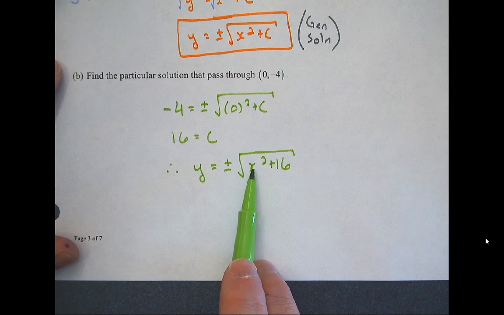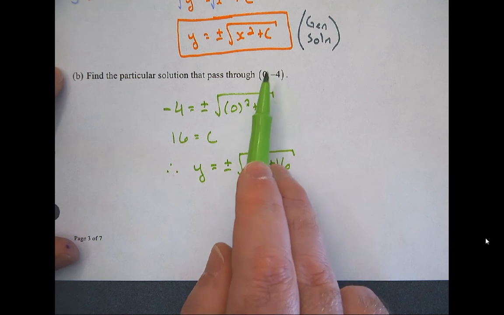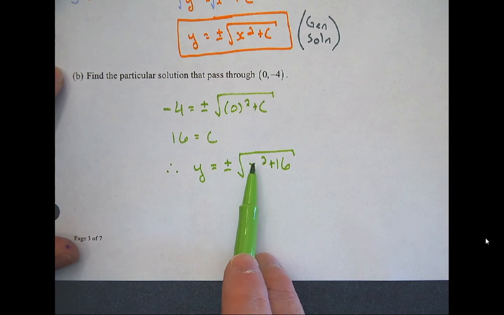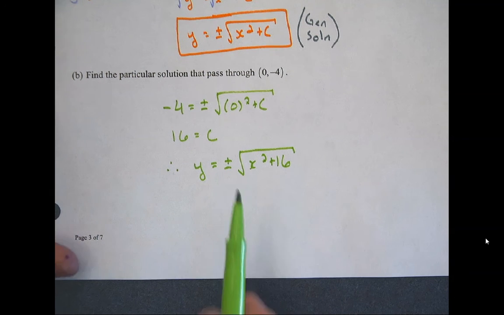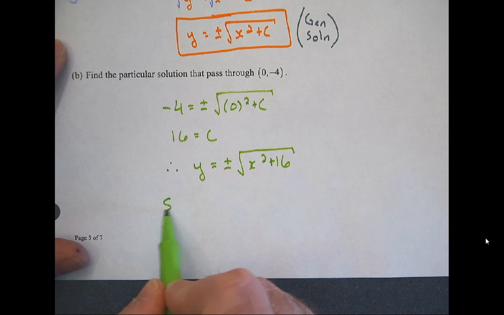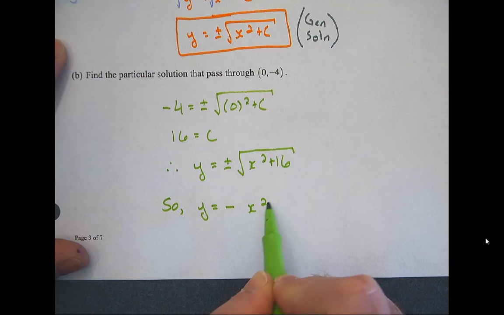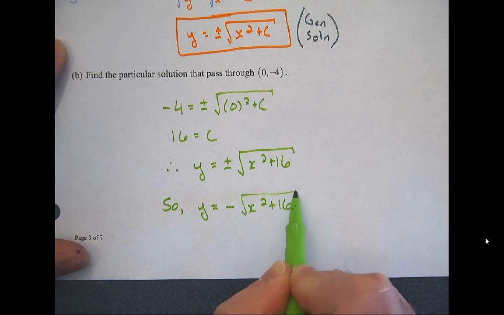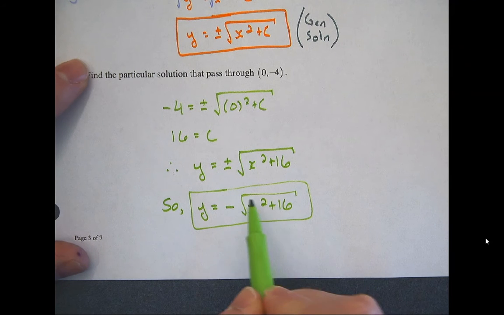I put 0 in there. 0 squared is 0 plus 16. So when I plug in 0, I want to get out -4. When I put in 0, I get 16. Square root of 16 is 4. That means I need the -1. So the actual answer is the negative root. Box it in and put it up on our fridge.